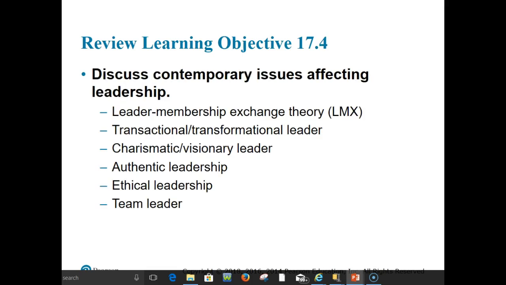In review of our fourth learning objective, leader-member exchange theory, the LMX theory, says that leaders create in-groups and out-groups, and those in the in-group will have higher performance ratings, less turnover, and greater job satisfaction. A transactional leader exchanges rewards for productivity, whereas a transformational leader stimulates and inspires followers to achieve goals.